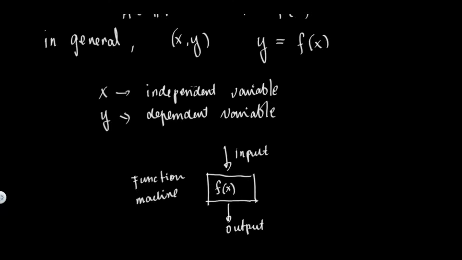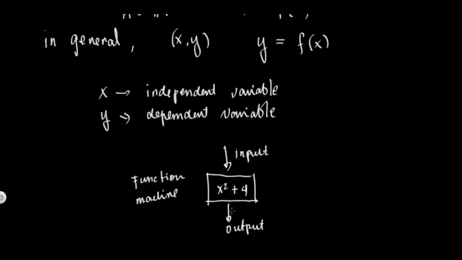Magbigay tayo ng example dito sa loob. Let's say, meron given function, say binomial, para madali lang: x square plus 4. So, this is your function. Kapag nag-input ka dito sa function machine mo, may lalabas siyang output.